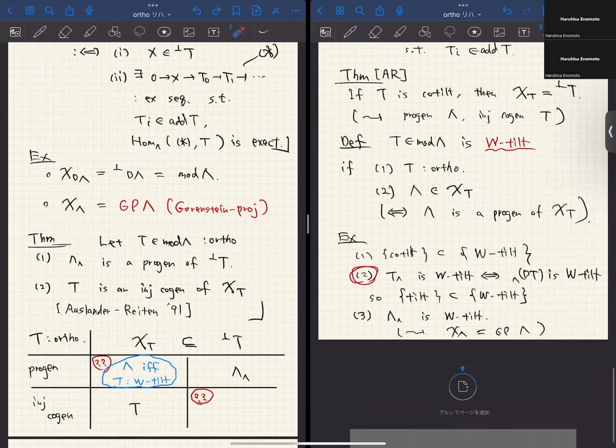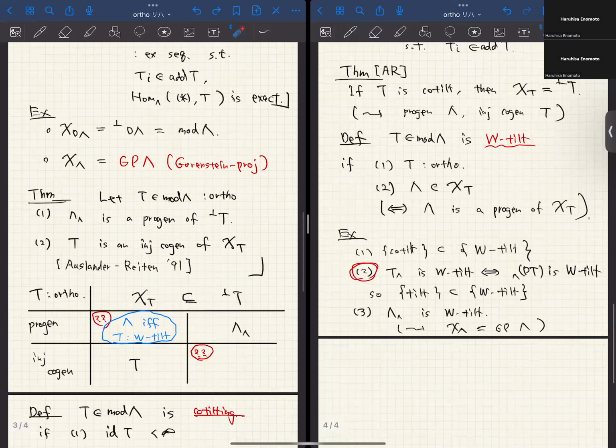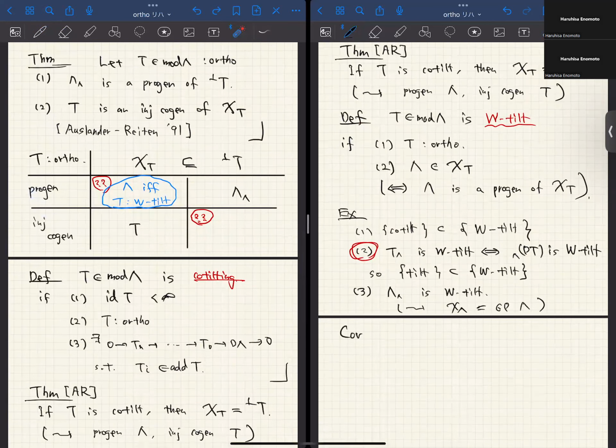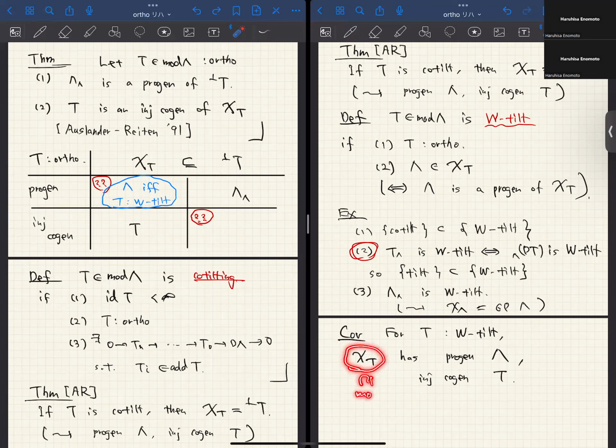And actually, the definition of Wakamatsu tilting says that if a given orthogonal module is Wakamatsu tilting, so I write a corollary: if T is Wakamatsu tilting, then, it's just a replacement of the definition, this category X_T has progenerator lambda and injective cogenerator T. So we can construct such a subcategory of mod lambda in which T behaves as injectives and lambda behaves as projectives.